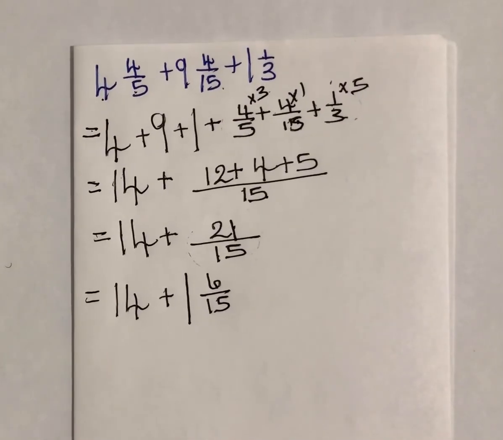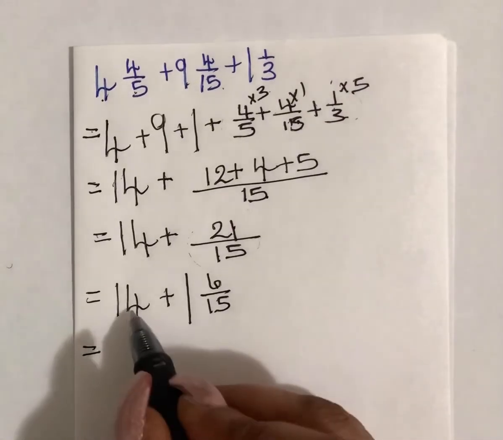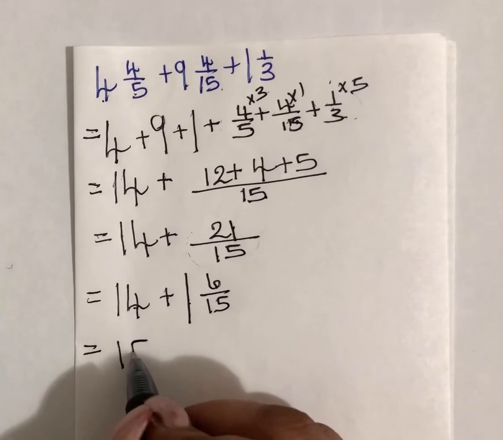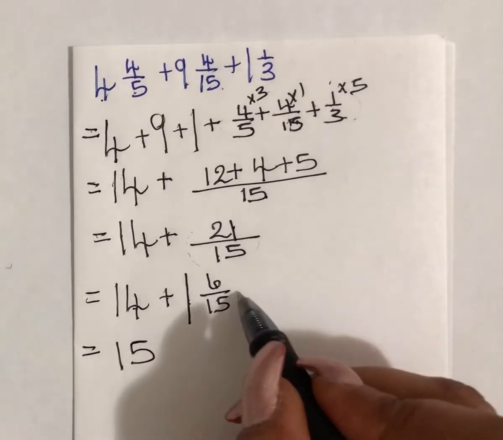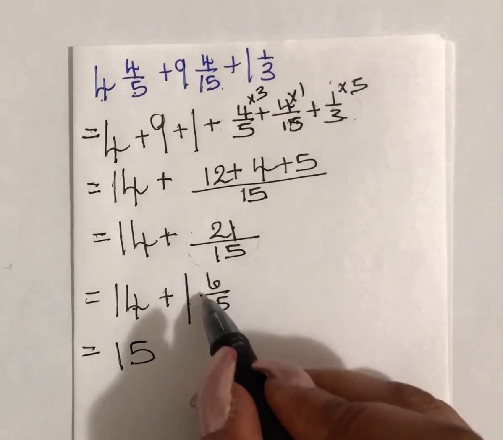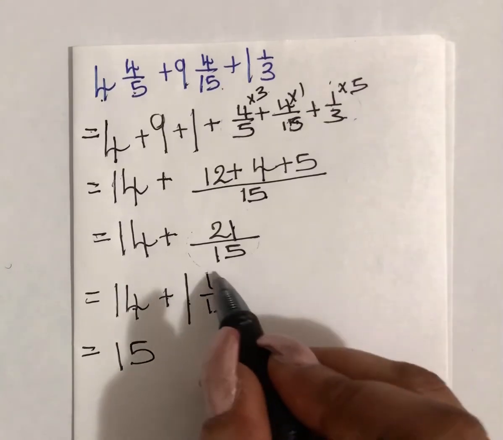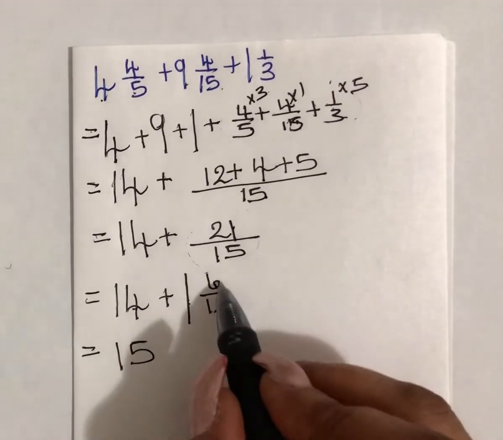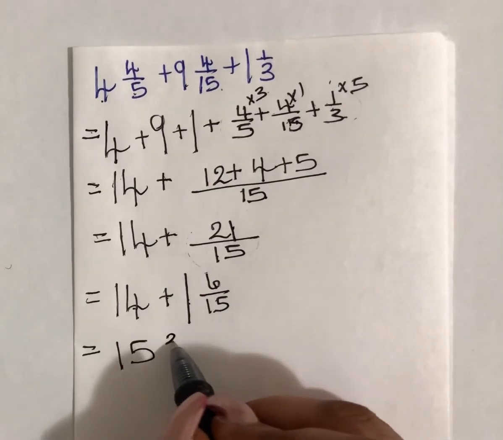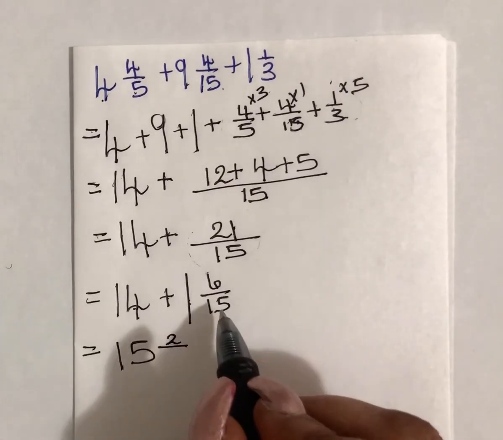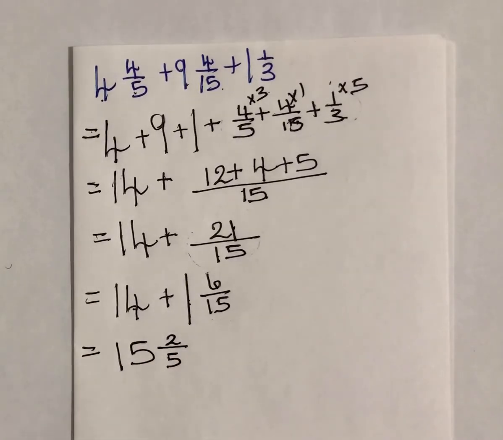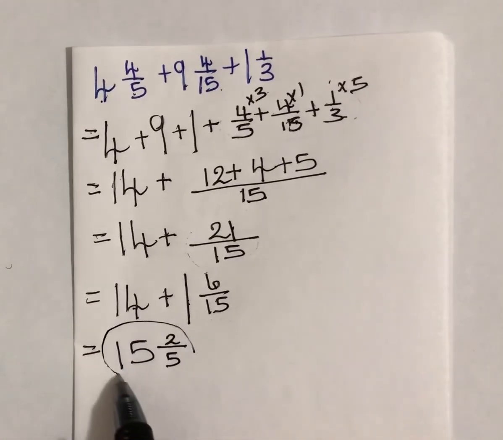I am going to put the whole numbers together. 14 plus 1 will give me 15. Notice here, this fraction can be simplified. The highest common factor is 3. 3 goes into 6 2 times. 3 goes into 15 5 times. This is my answer.